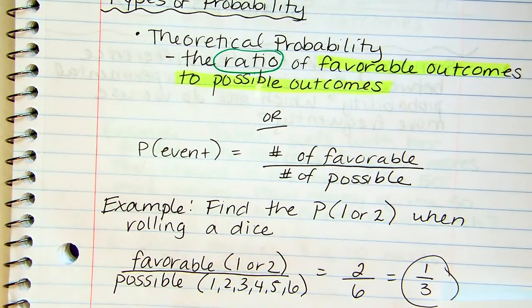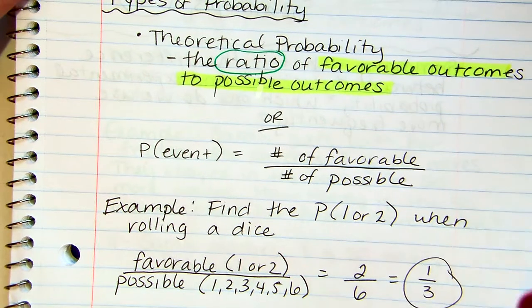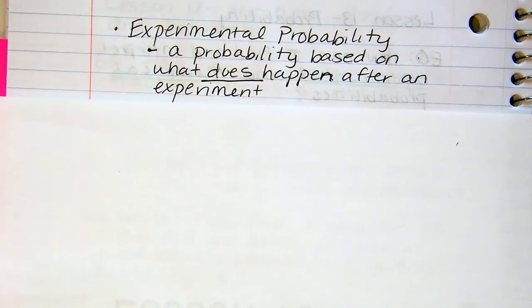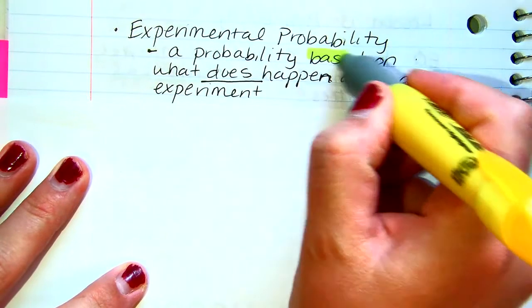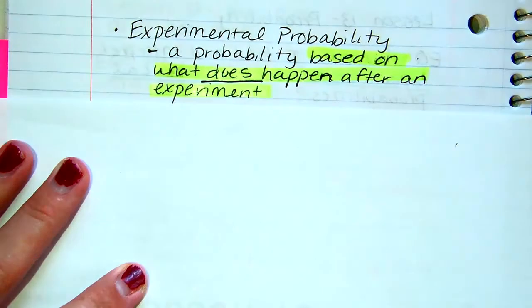Now, that's theoretical. Experimental is something that you use a lot more often, especially in science. When we talk about experimental probability, we talk about a probability that's based on what does happen after an experiment. So once again, experimental probability is based on what has actually happened.